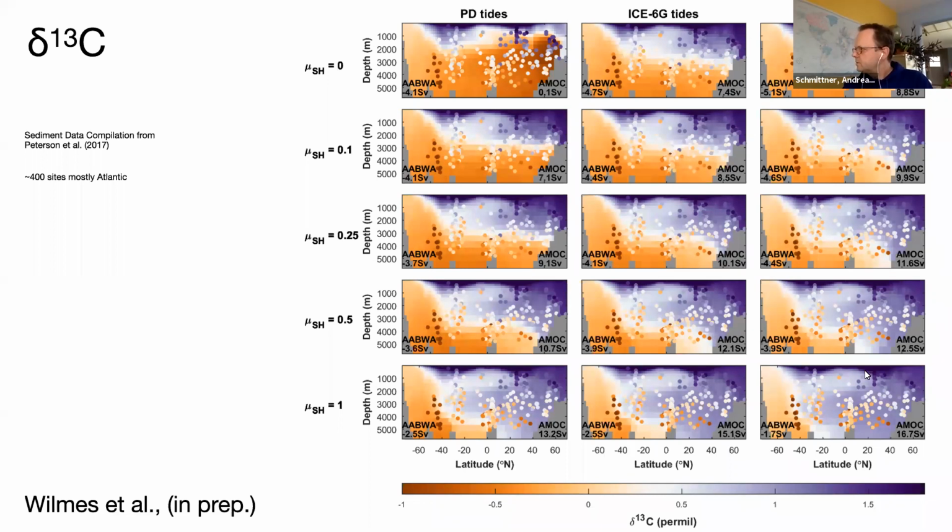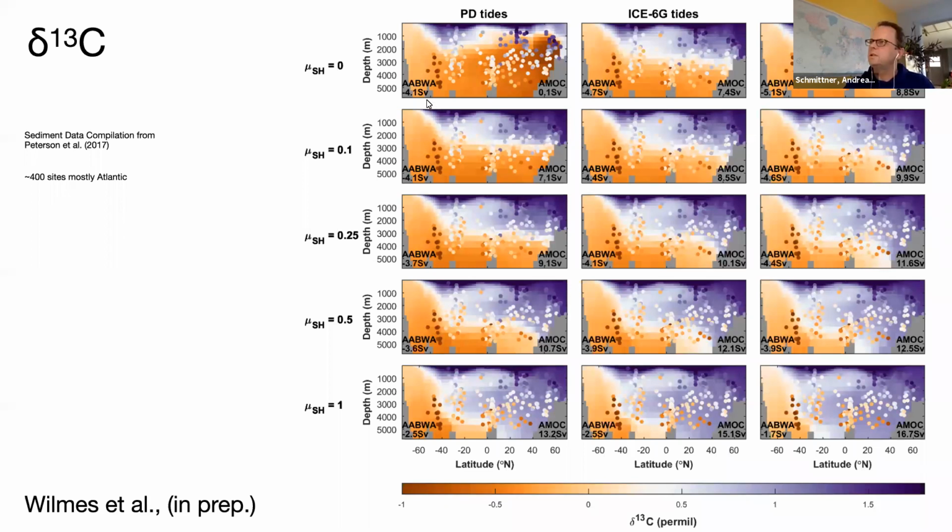So the deep and strong AMOC simulations have these high values in the deep North Atlantic, whereas the shallow and weak simulations, they have these low values in the deep North Atlantic. So these patterns are not dissimilar, just anti-correlated to the radiocarbon patterns that we've seen before. And again, we would find those weak shallow AMOCs fitting best.